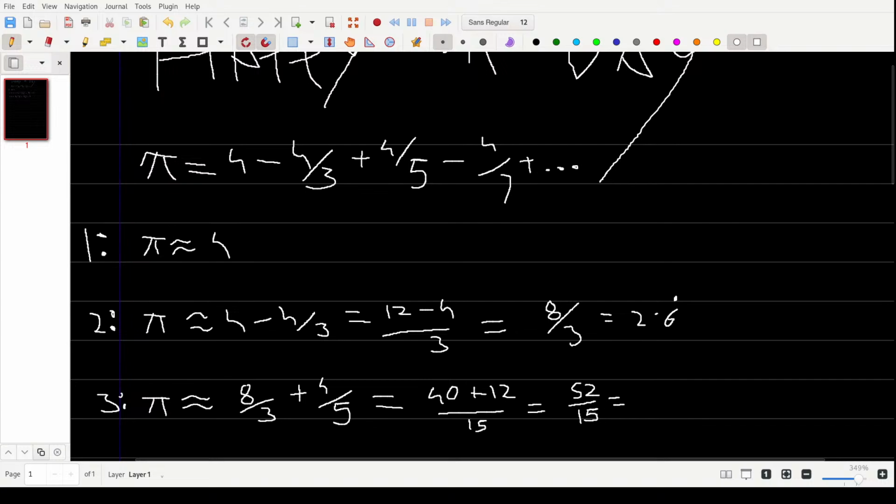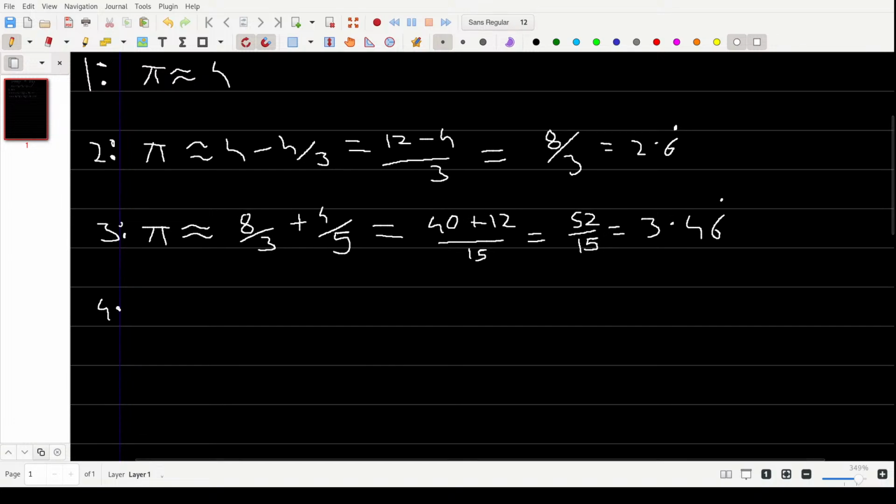Can that be divided by 3? I don't think 52 can. From the calculator it says this is 3.46 recurring, which is pretty good. We're already getting closer to pi.